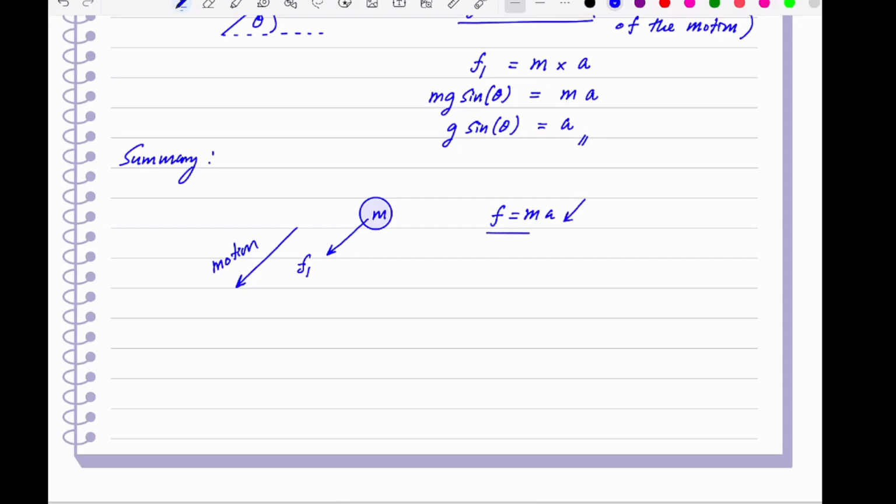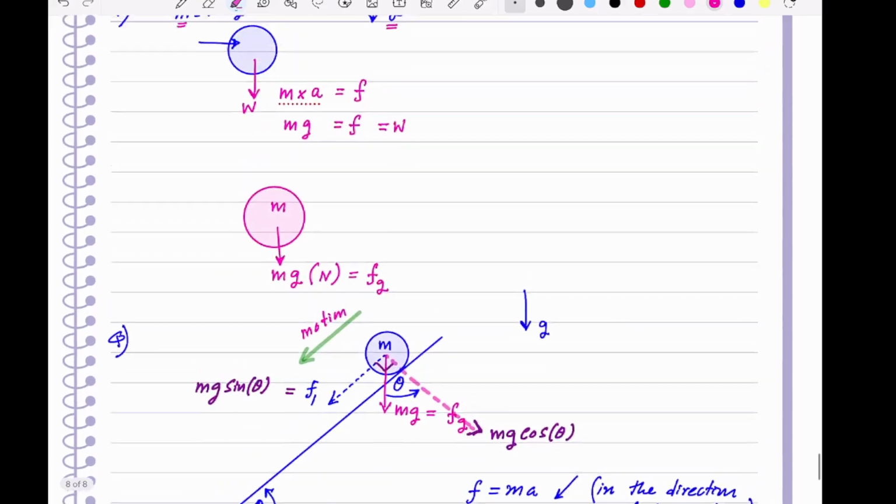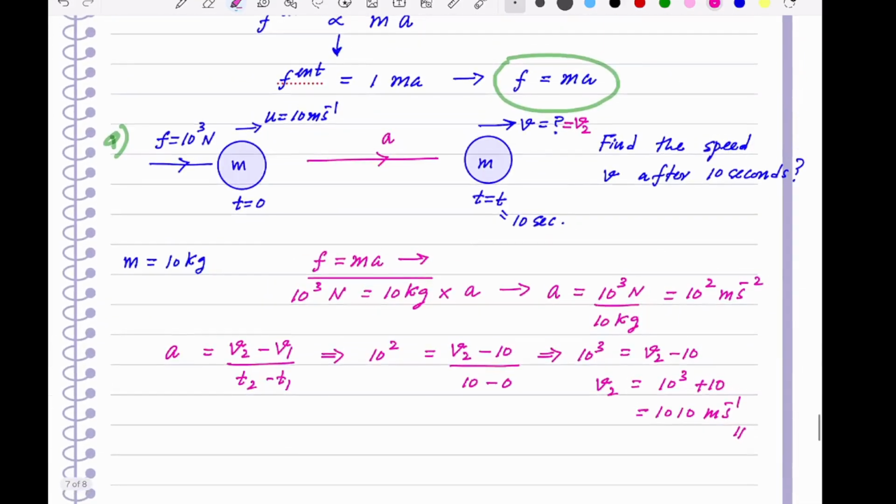Why? In that direction only the motion is happening. Now if the motion is in that direction, and force F1 is in that direction, then acceleration should be in that direction as well. Now, if you go to your previous example over here, you can see when there is a force, acceleration is also in that direction, right?